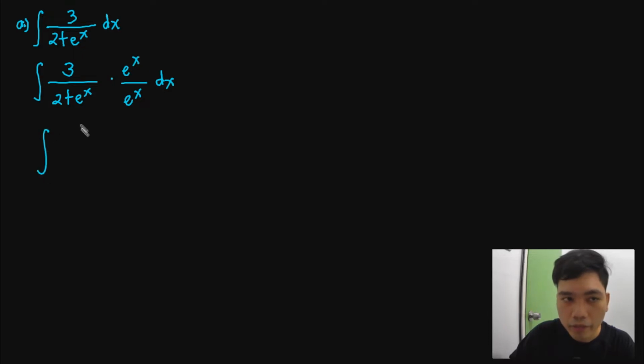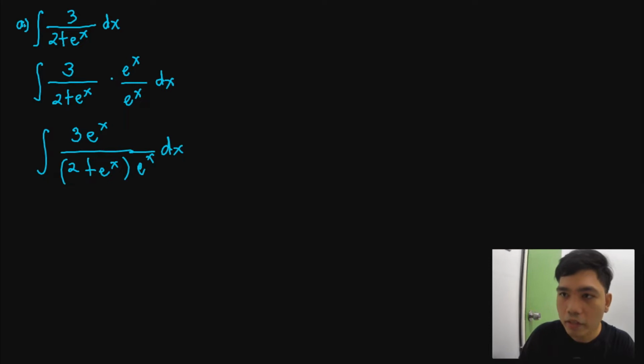So we can rewrite this in terms of 3e to the x and then 2 plus e to the x times e to the x, which pwede natin i-further rewrite by expanding. So pwedeng ating denominator maging 2e to the x plus e to the 2x. Okay? So ito yung ating pwedeng maging form.